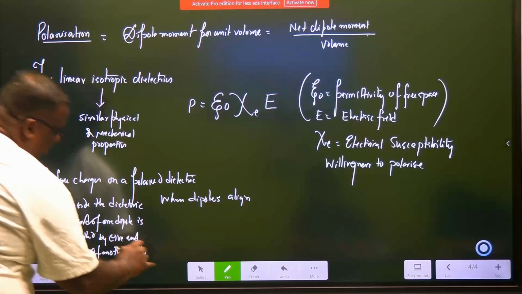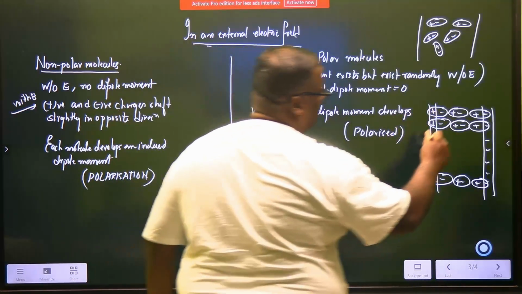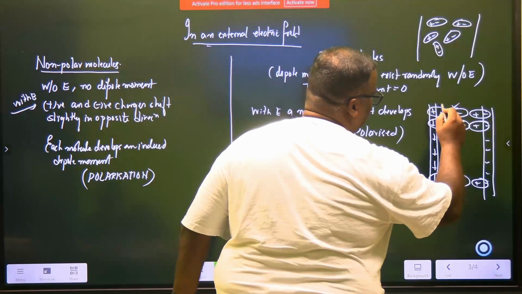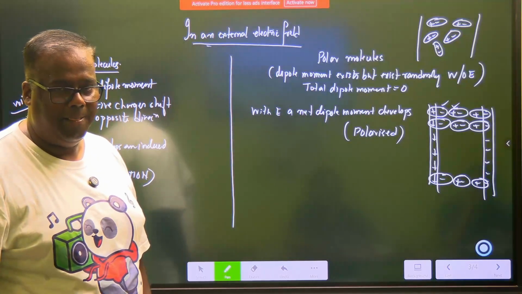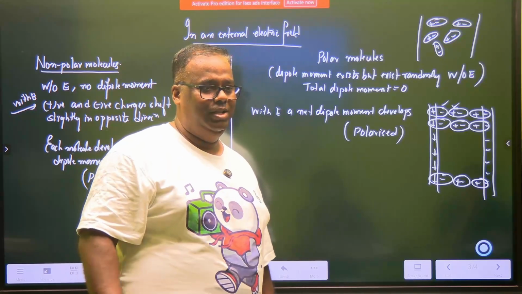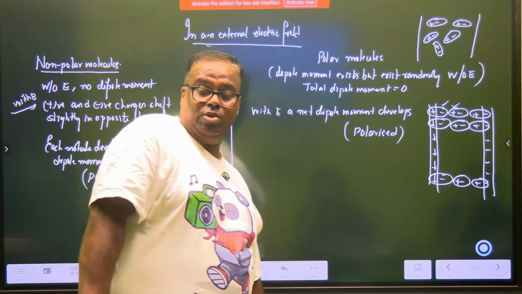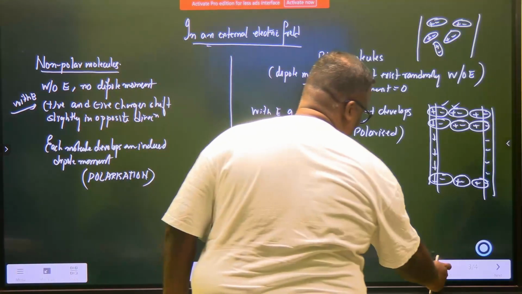Children, what did I mean by this? Inside, the positive end of one is nullified by the negative of another. Have you understood? So inside all the charges will get nullified, but externally it will show one side one surface, and the other side the opposite surface. That is what we are going to write.